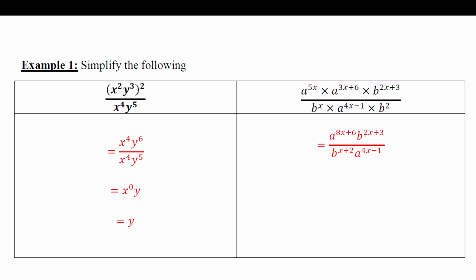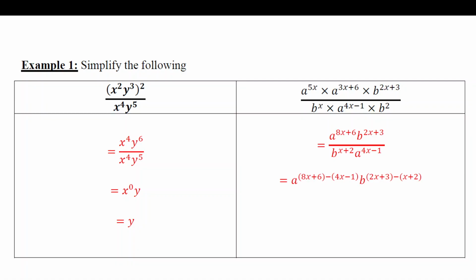Now, with that in mind, we might subtract using index law 2. So with our a's here, we have 8x plus 6 take away all of 4. And so using brackets here would be a really good idea. Same thing with the b's. We have 2x plus 3 take away all of x plus 2.